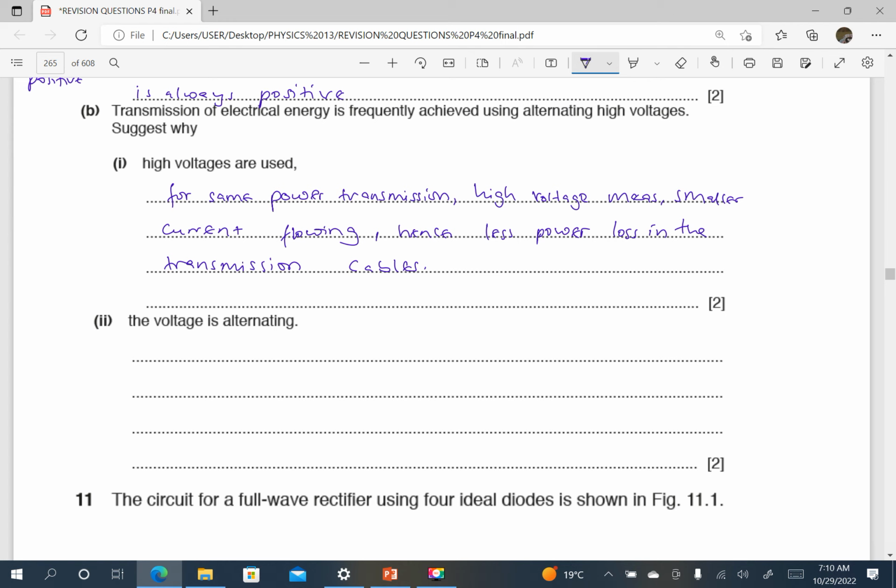Why is it that for transmission of electrical energy we normally use alternating voltage? First of all, we know that alternating voltage can be easily stepped up and stepped down using transformers.